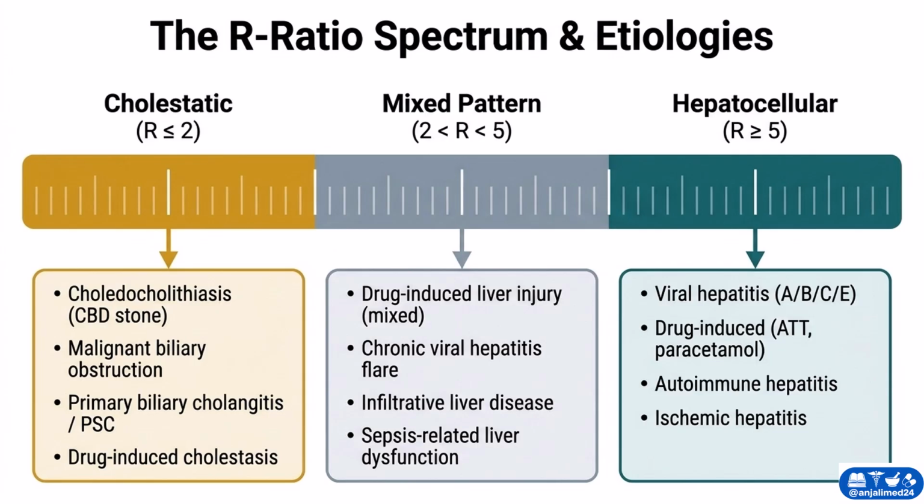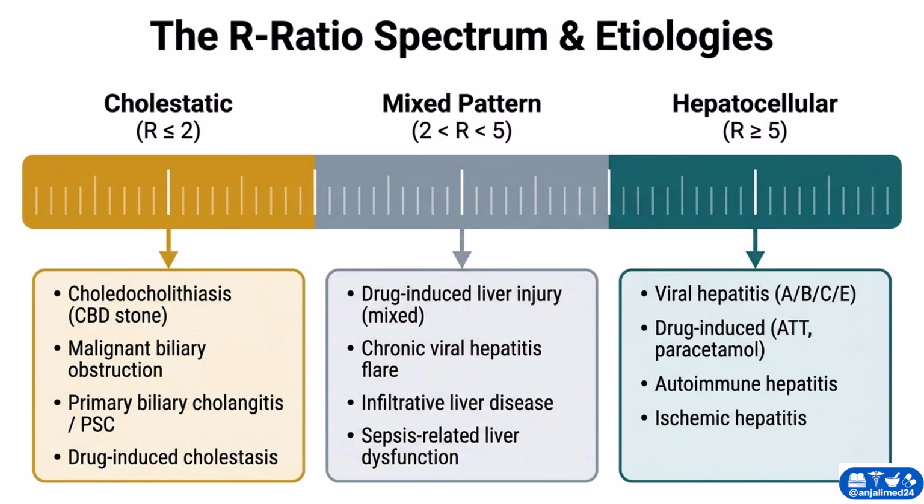If the R ratio is between 2 and 5, it represents a mixed pattern where both hepatocellular injury and cholestasis are present. Common causes include mixed drug induced liver injury, flares of chronic viral hepatitis, infiltrative liver diseases, and sepsis related liver dysfunction. These causes often require a broader diagnostic evaluation.